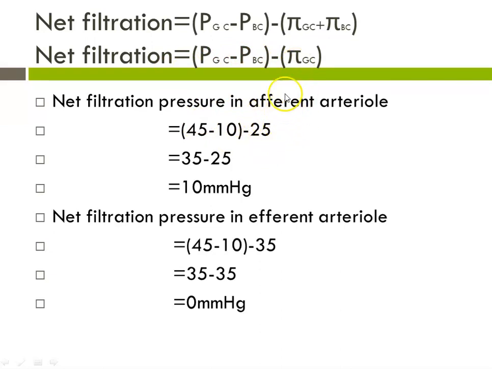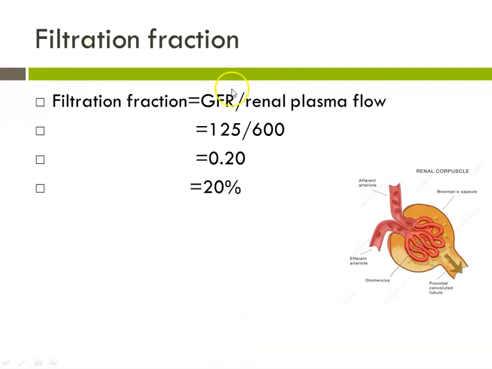This is the oncotic pressure in the afferent arteriole. So this becomes 10 mmHg. Then in the efferent arteriole, this 25 is substituted as 35, so 45 minus 45 is equal to 0. This is also an easy method to calculate the net filtration pressure.